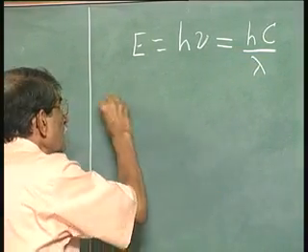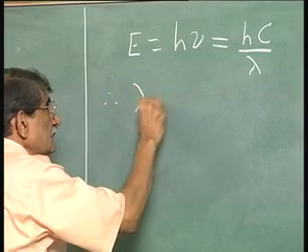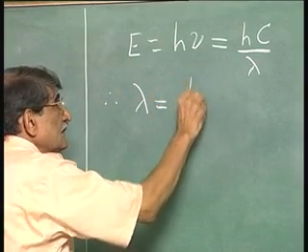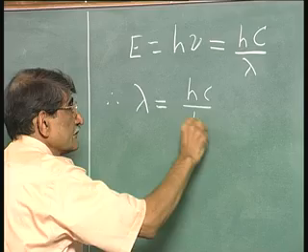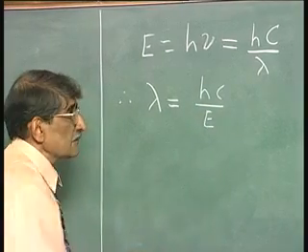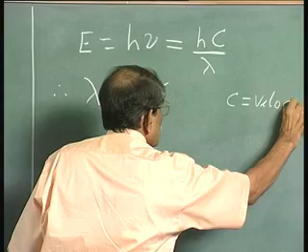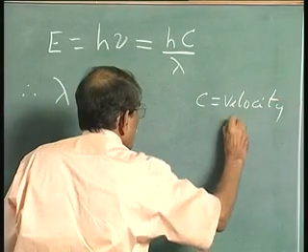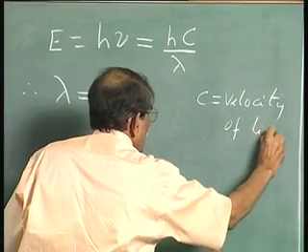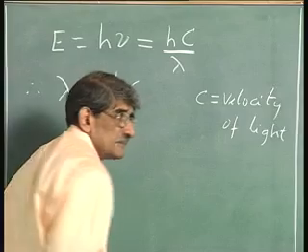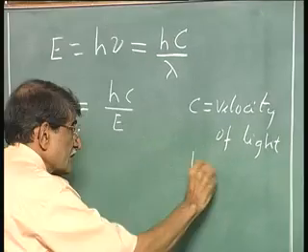Therefore, lambda is equal to h c by E. You substitute c, the velocity of light, and h, Planck's constant.